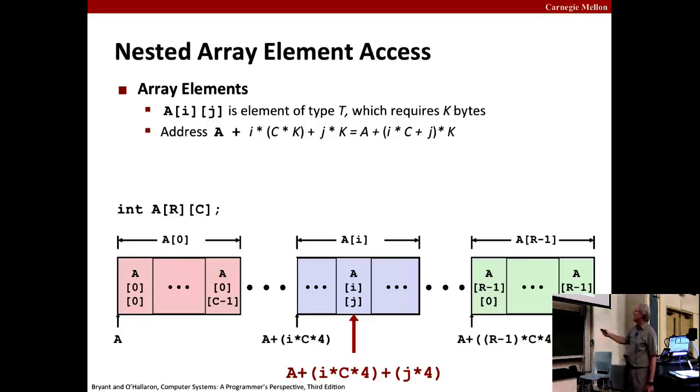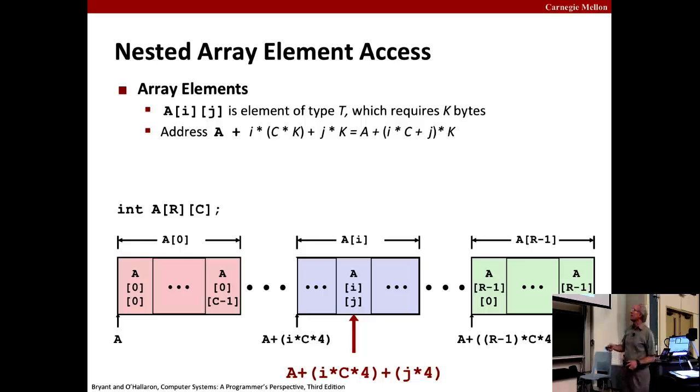And now I want to get to the jth element of this subarray here. And I can do that by scaling j by 4 and adding it to the beginning of this subarray. And now I can just collect the 4s together, and pull it outside here, and that's what gives you this formula.